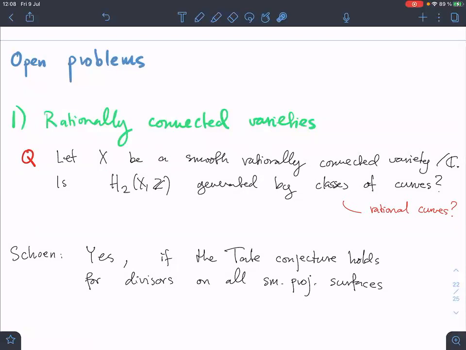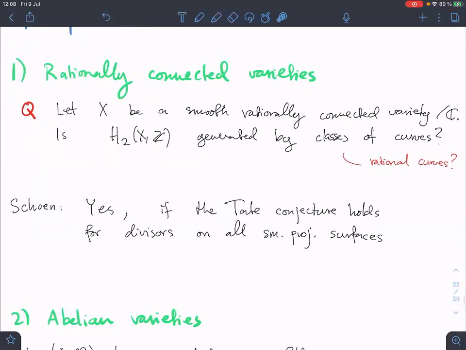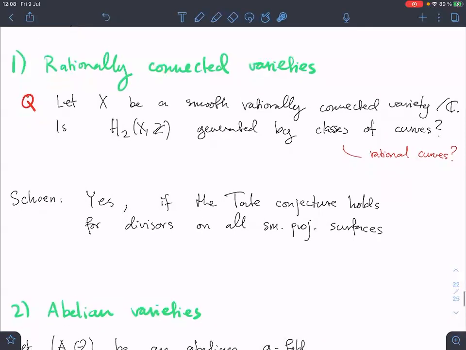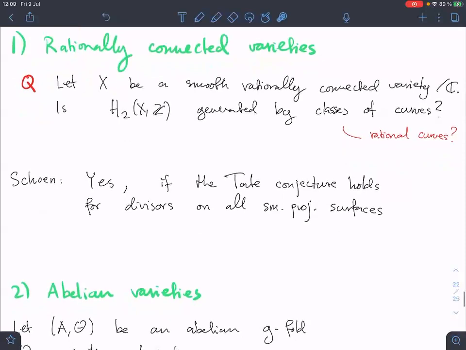There are some results for specific classes of rationally connected varieties, like hypersurfaces in projective space and low dimensional varieties, but in general it's completely open. And there's a result by Chad Schoen saying that if the Tate conjecture holds for divisors on all surfaces, then the answer is yes, I think. So it's a non-trivial question.